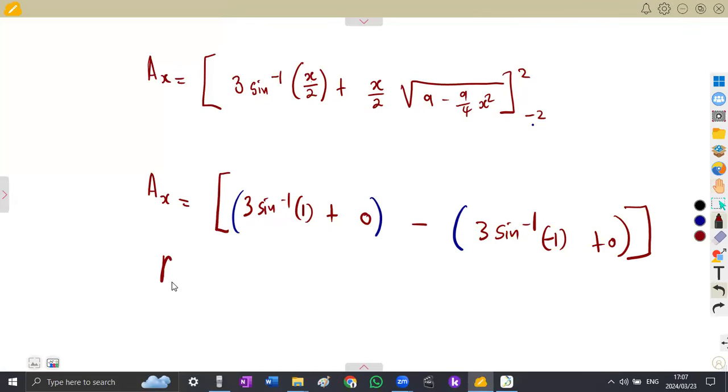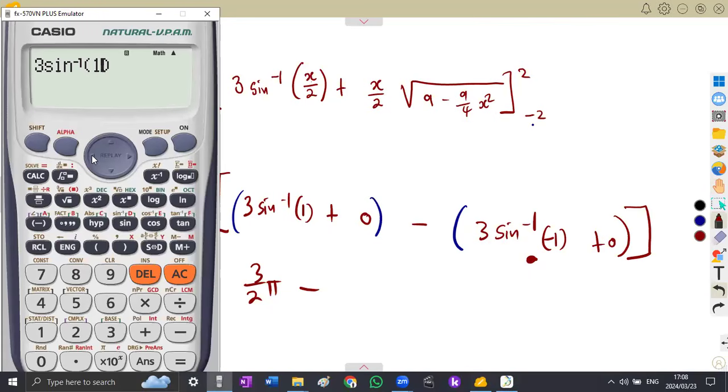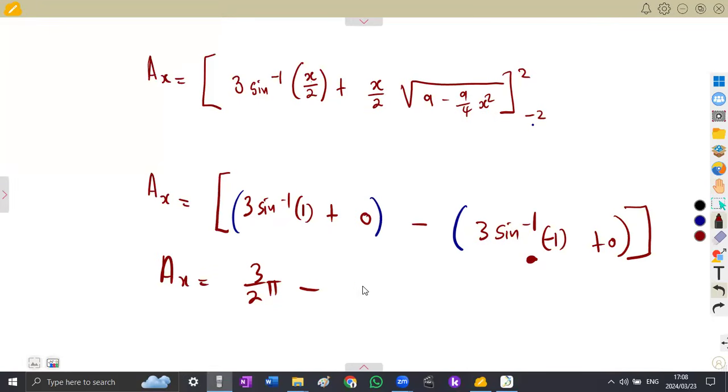All right, so the area with respect to x is going to have 3 over 2 pi minus, we simplify this now, 3 arcsine negative 1. So this is just going to carry a negative this time, which is negative 3 over 2 pi.